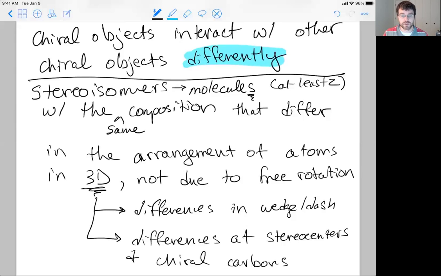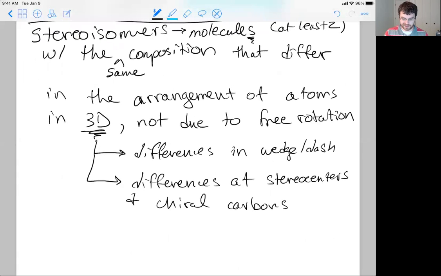Okay, so differences in the wedges and dashes, the orientation at stereocenters / chiral carbons. That's more of a slash than an and. Stereocenters, chiral carbons, mostly the same for us.